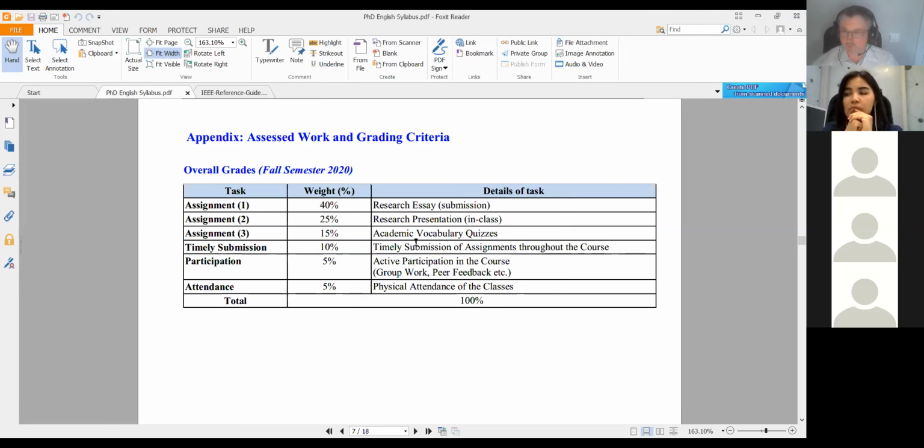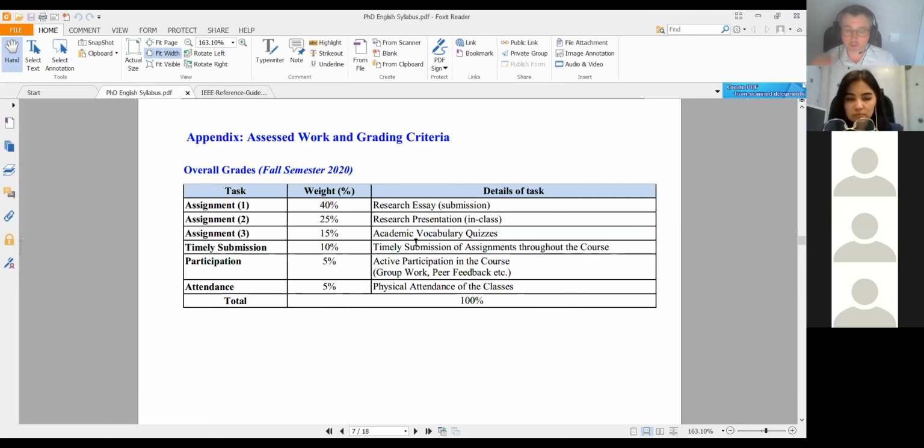Now, the next part of your grade will be 10%, and it will be from timely submission of different assignments for the course. You will get certain deadlines for your research essay draft and for parts of your research essay and for presentations and for exercises on academic vocabulary, all right?